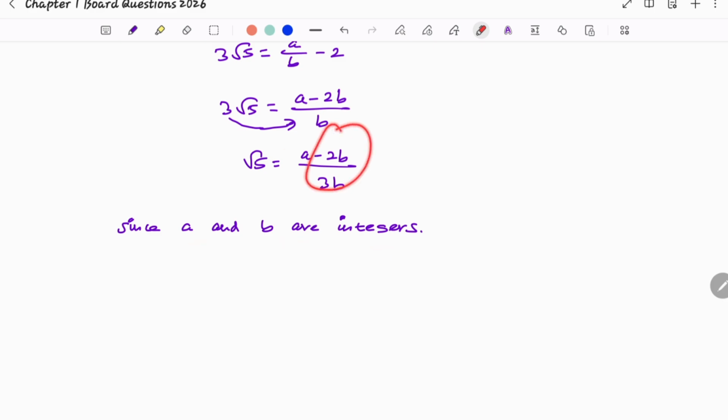But root 5 is irrational, as given in the question. So the left side is irrational, and the right side, a minus 2b by 3b, is rational because a and b are integers.